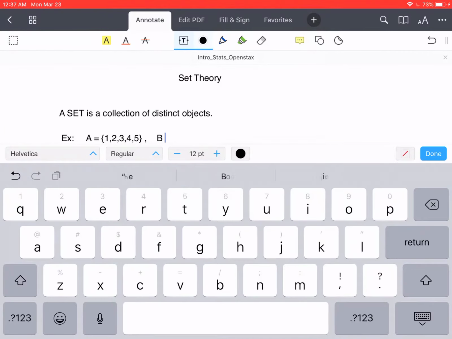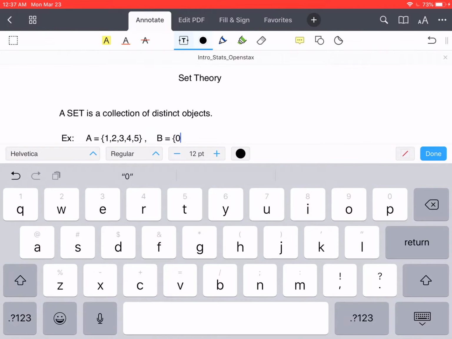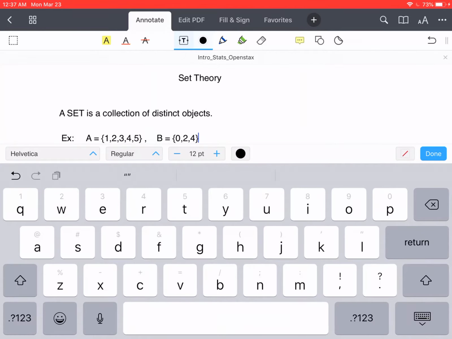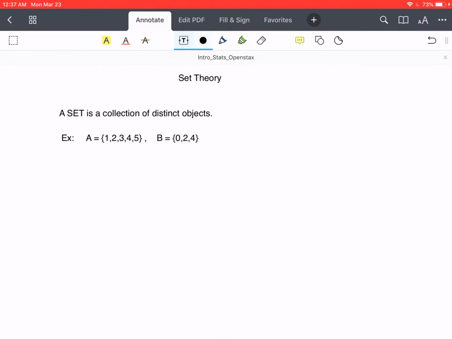And then B is going to be the set 0, 2, 4. So these are the data sets that we're going to work with.